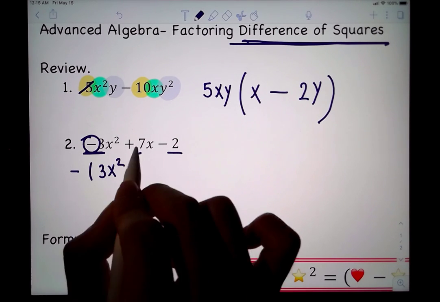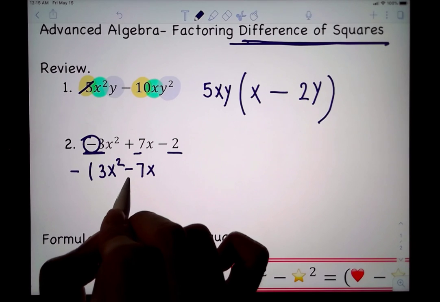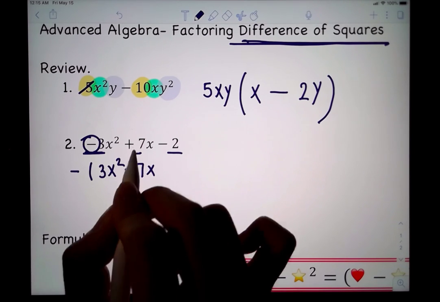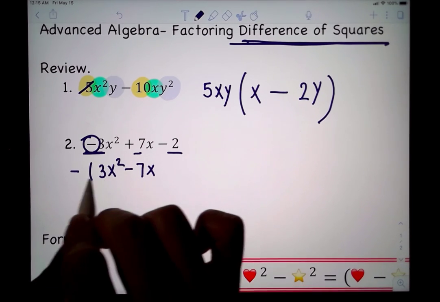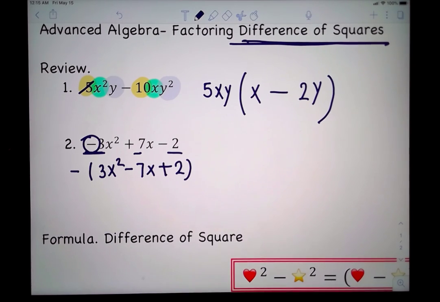And it will be minus 7x, so that when you distribute this negative, you get positive 7x. And the negative is outside, so you have plus 2.